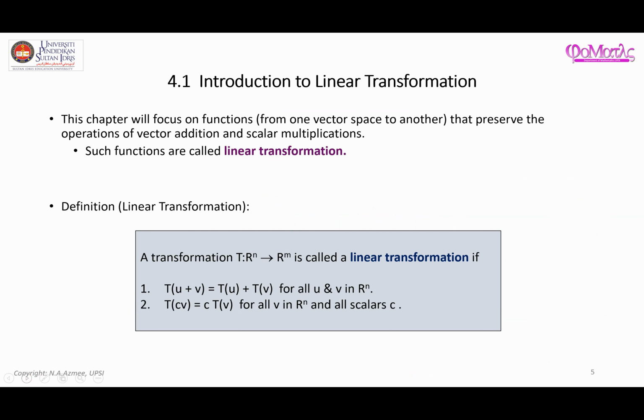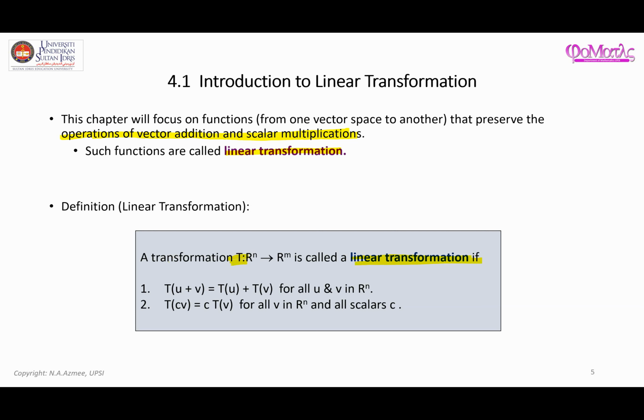It will just focus on functions from one vector space to another, and in this process we will preserve the operations of vector addition and scalar multiplication, and because of that it is called linear transformation. Functions that do all this are called linear transformations, and we can check whether a particular transformation is a linear transformation.